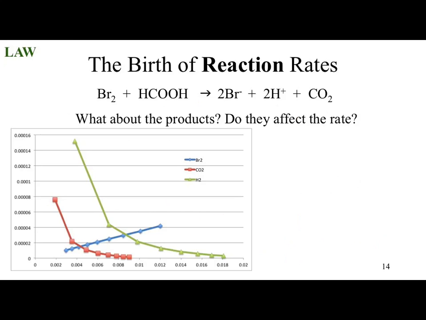When we look at our reaction rate, we know our rate is dependent on the concentration of our bromine. And if we start our reaction off, what's the concentration of our products? 0. So when we start off at 0, what's going to happen with our rate? We're going to see a drastic change in our rate almost right away.